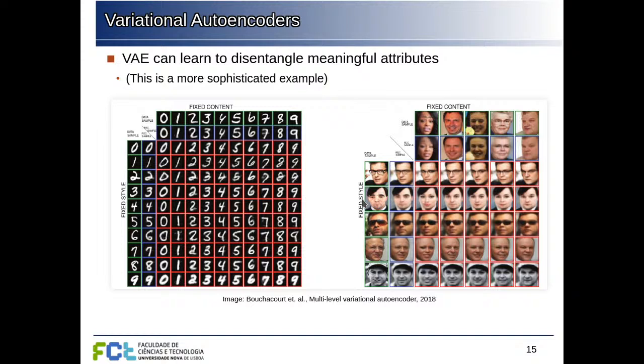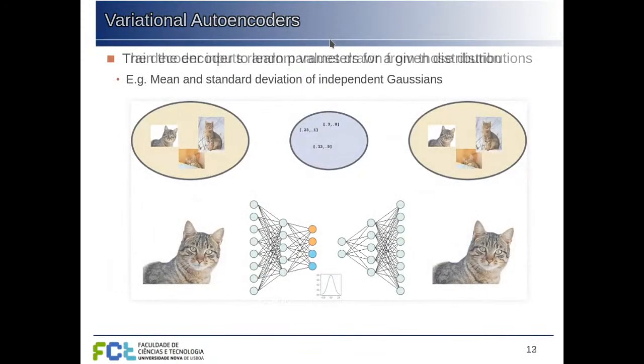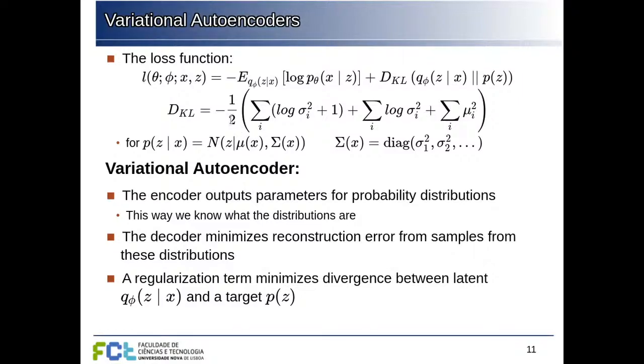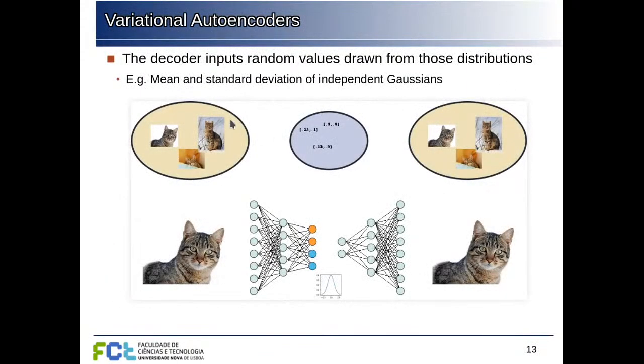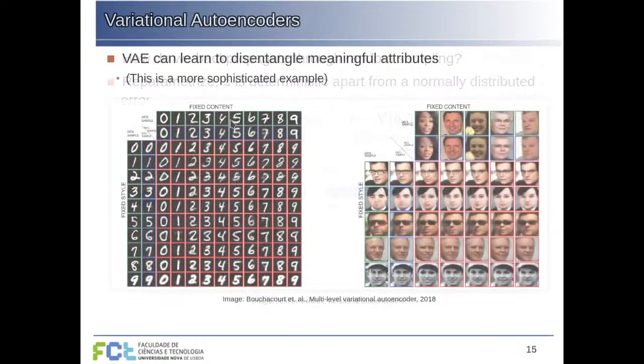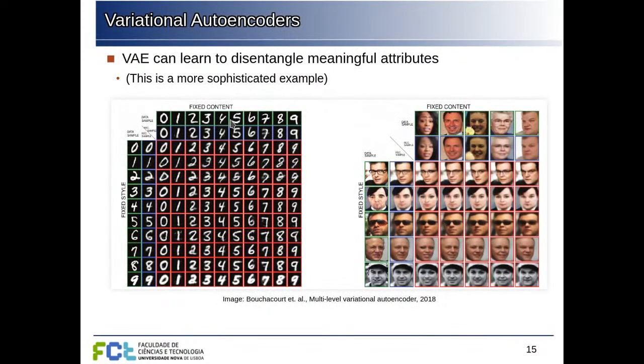I'm not going to detail this one, but this idea of instead of obtaining from the encoder a latent representation of the input, we want from the encoder a distribution for these representations. By using this kind of regularization where we specify what kind of distributions we want, what attributes they have, and training this distribution, it not only allows us to generate examples easily, but also to disentangle the different aspects of the data and then mix them together.